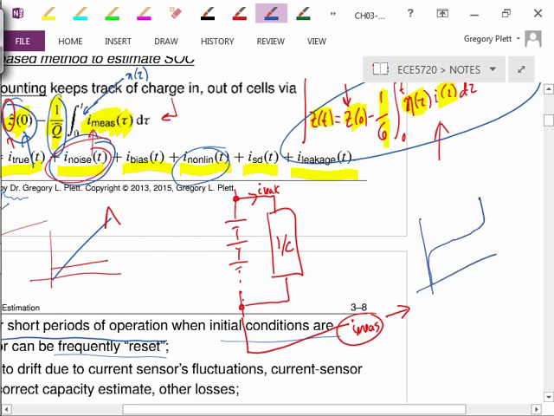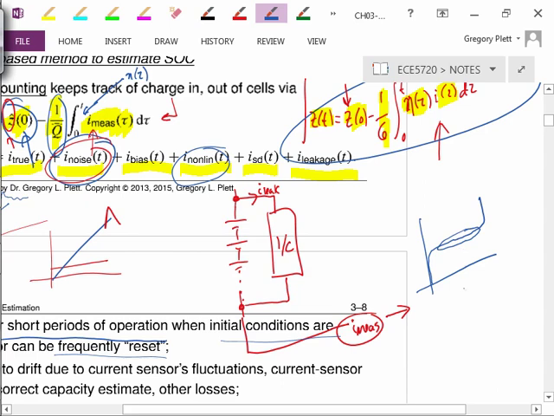If a cell has a very, very flat OCV characteristic, that means that voltage has almost no information in it regarding what is the state of charge. I keep on mentioning feedback because I'm trying to make you think a certain way. Our state of charge estimator that we come up with that we'll call optimal is essentially Coulomb counting with feedback, and it uses voltage as feedback in order to improve the estimate.